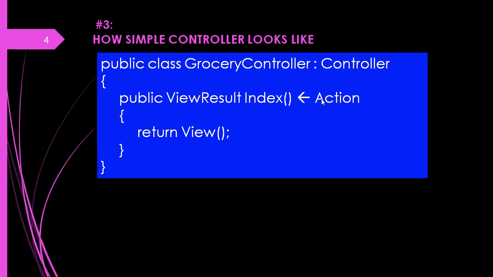The controller is responsible for responding to the incoming request, that is, a method inside the controller. The method inside the controller here is the Index method, which will be invoked when a request is received, and that is called an action method, right? So the action will execute and it will return a view. Once this action method is executed, it will return a view, right?